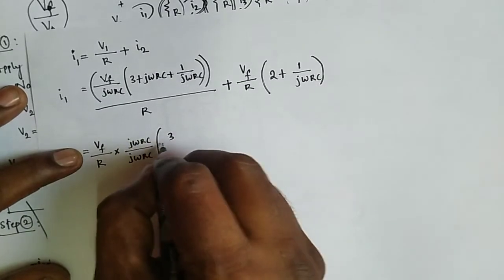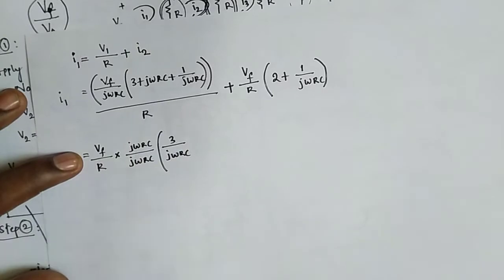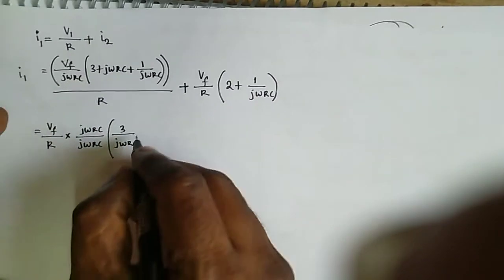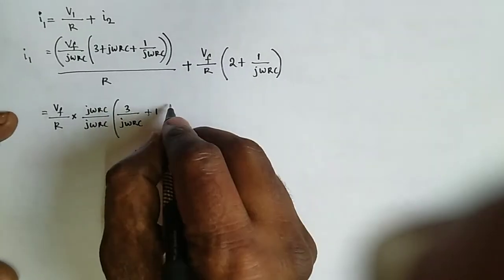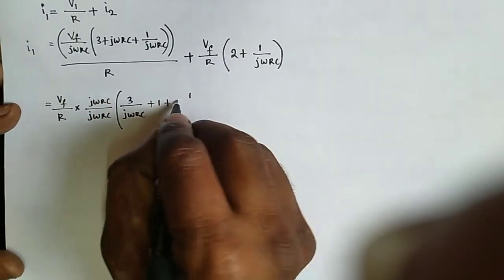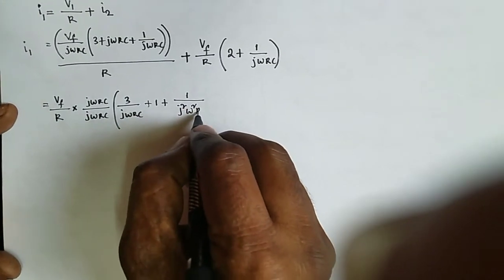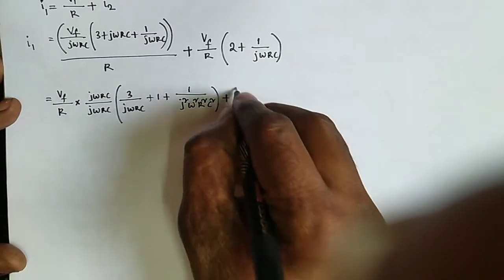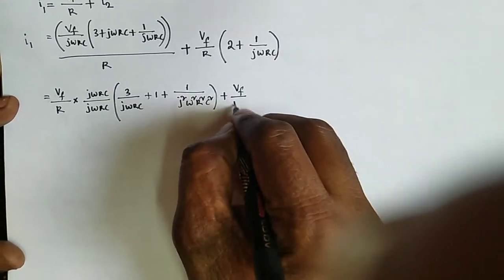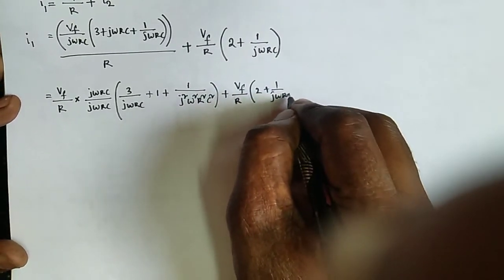Here 3 by j omega RC, and 1 plus j omega RC is common, giving j square omega square R square C square, plus Vf by R into 2 plus 1 by j omega RC.